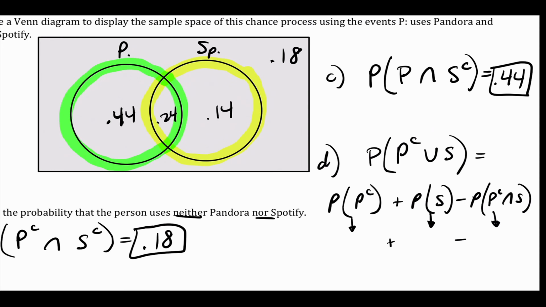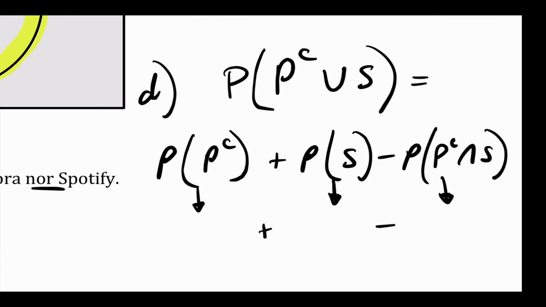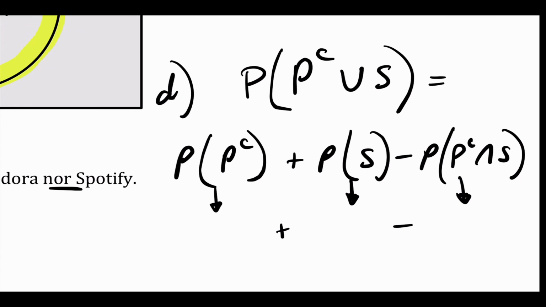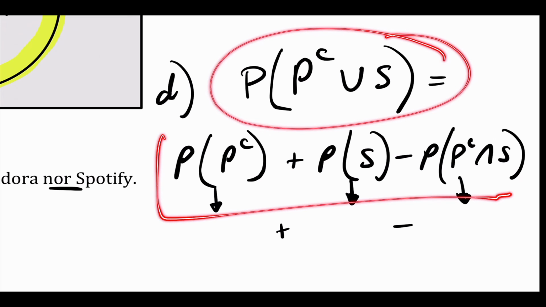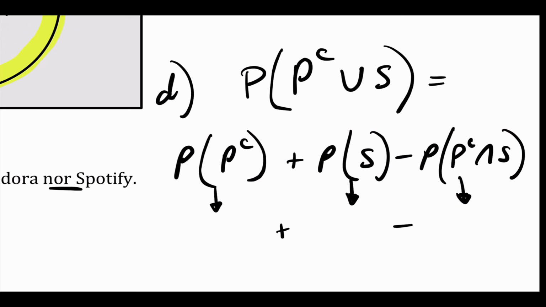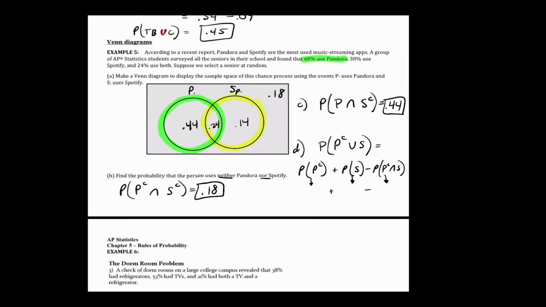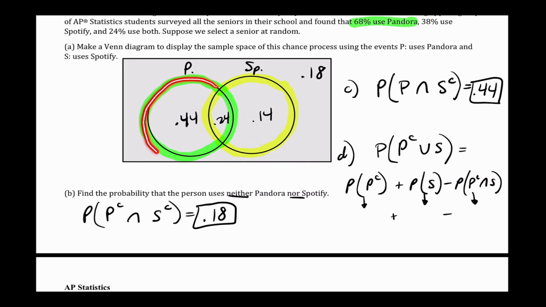Okay, so I rewrote it out. I just use the general addition formula, but instead of A and B, I use P, C, and S. P, C is not Pandora, S is Spotify. First, the probability of not Pandora. This is everyone who is not in this green circle.